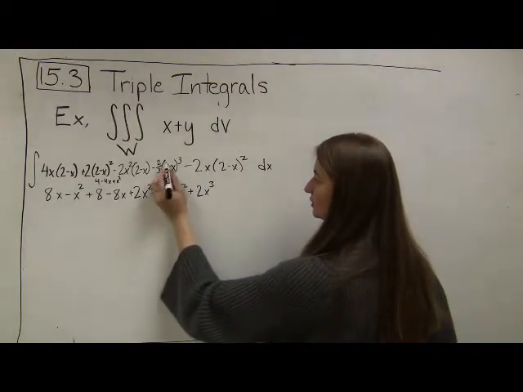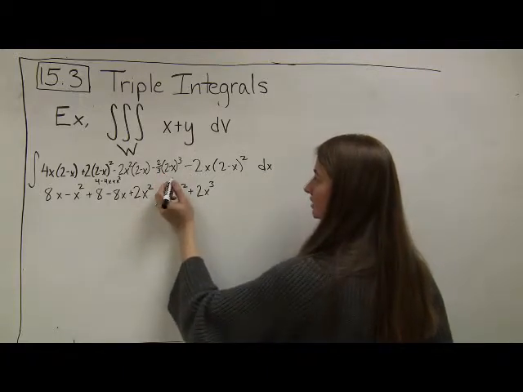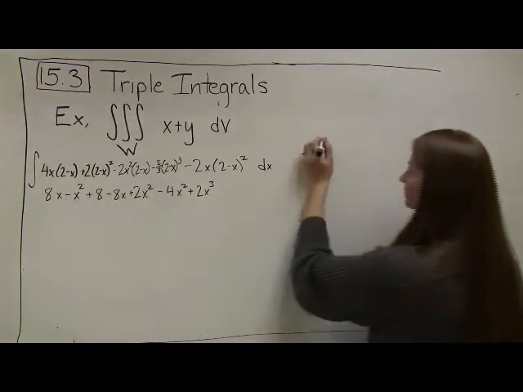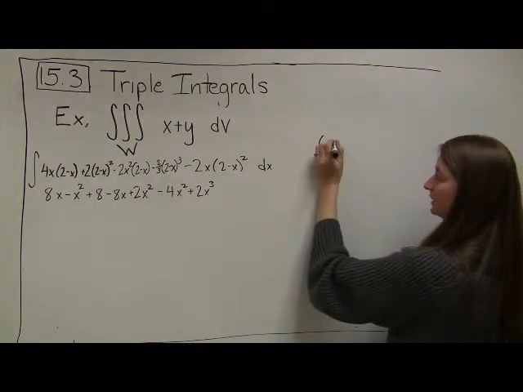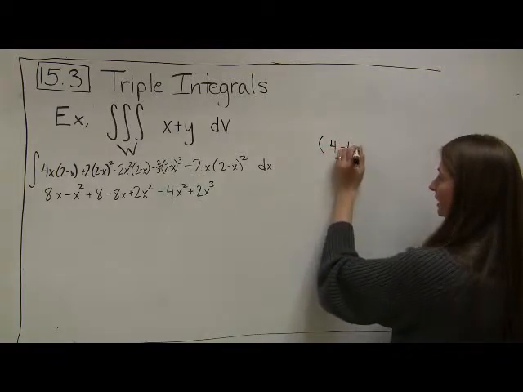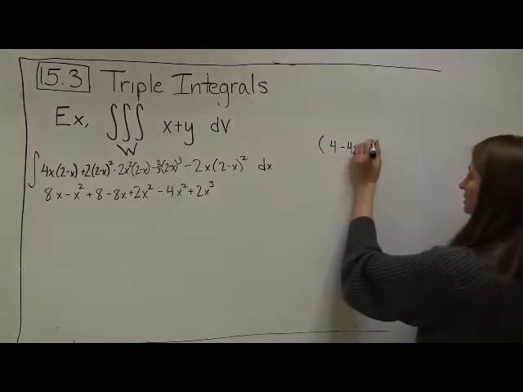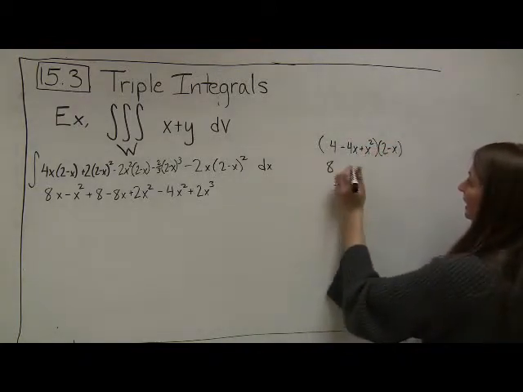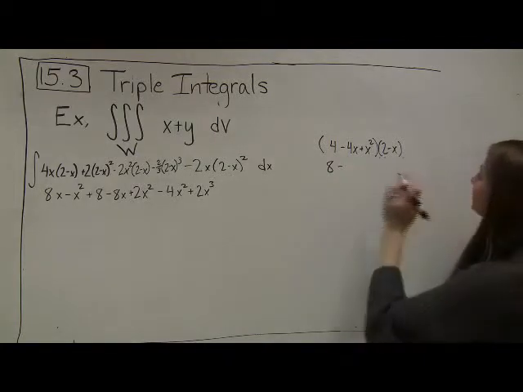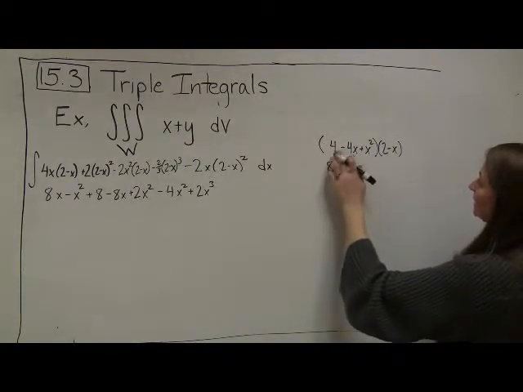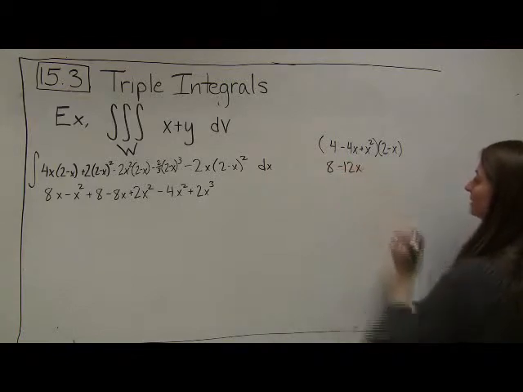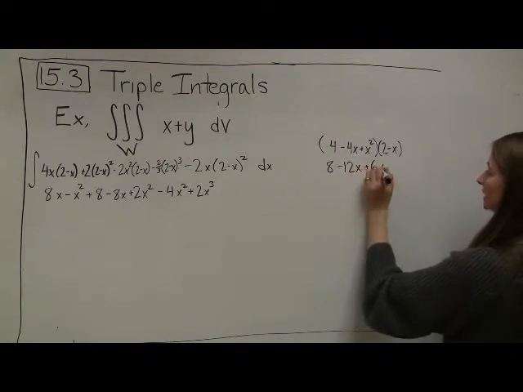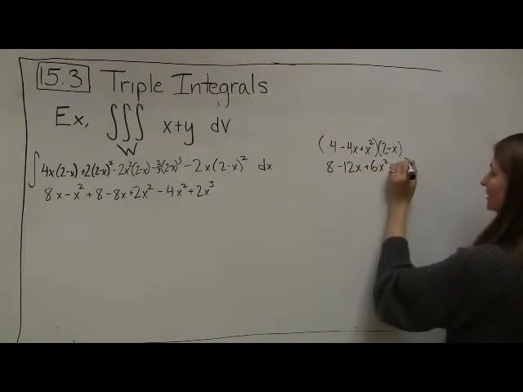I need to cheat and multiply out this cubic. This cubic is going to be, I'm going to do scratch work over here. This ends up being 4 minus 4x plus x squared all times 2 minus x ends up being 8 minus 8 minus 4 is minus 12 x's plus 2 plus 4 is plus 6 x squared minus x cubed.